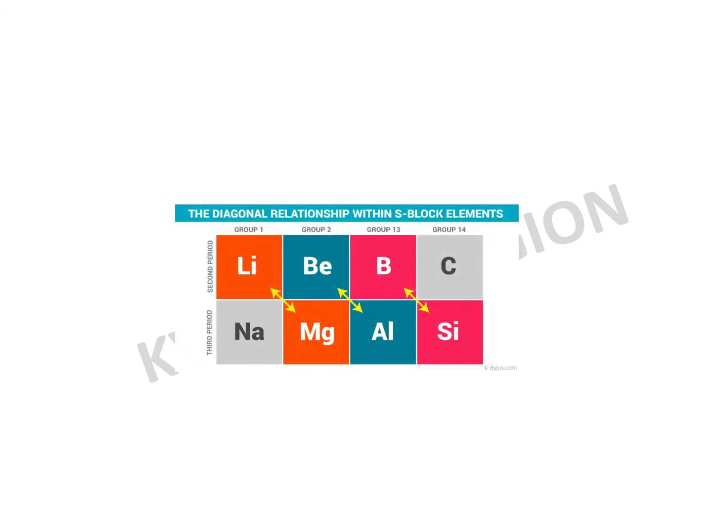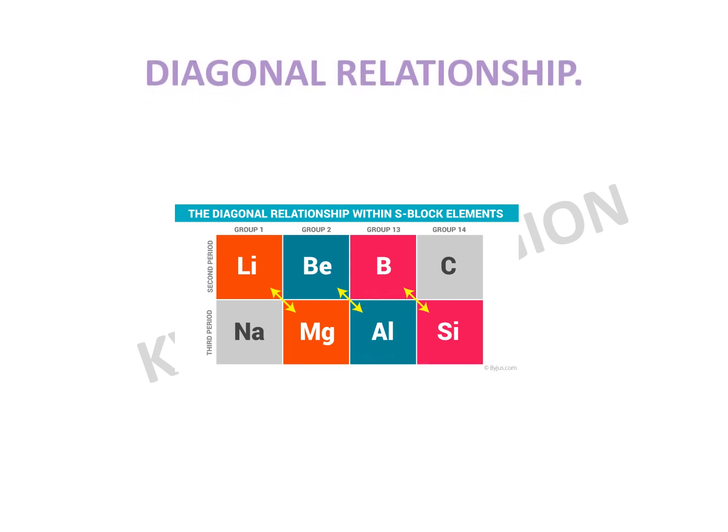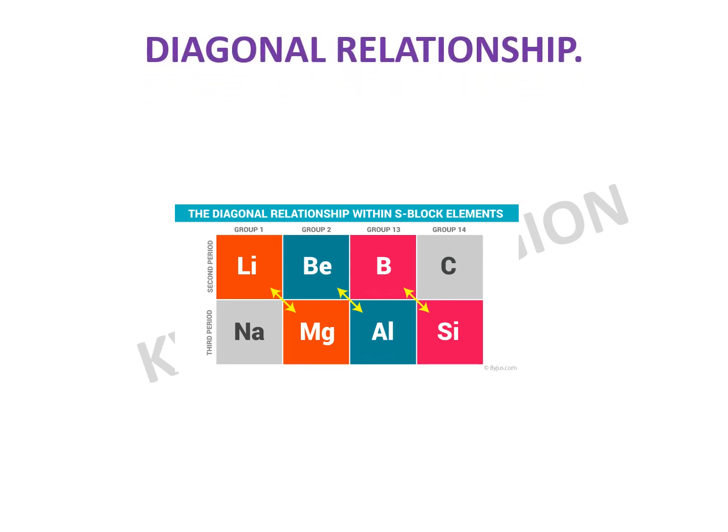Now, we can see that there is some relation in the properties of lithium, magnesium, beryllium, aluminium, boron and silicon. Lithium, beryllium, boron are the members of group 1, 2 and 13 of the second period, whereas magnesium, aluminium, silicon are the elements of group 2, 13 and 14 of the third period. And this relation is known as diagonal relationship.